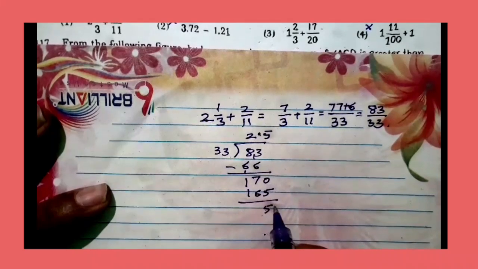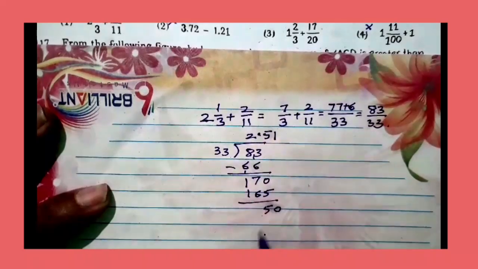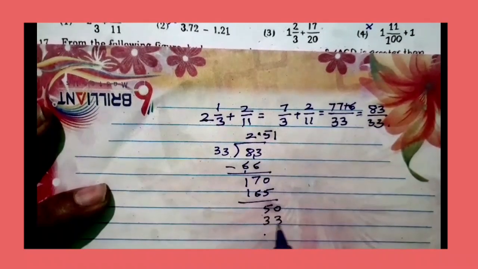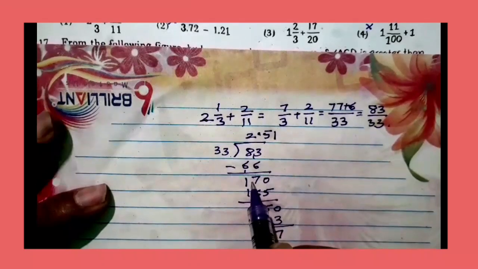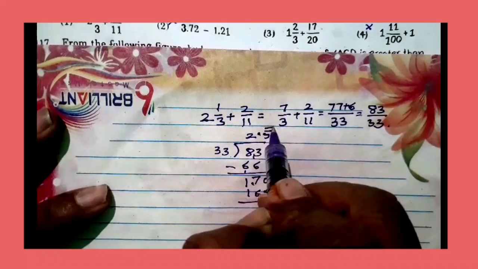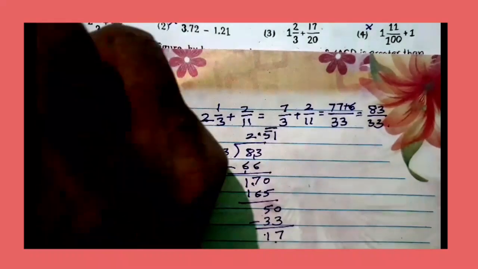Here 5, also take 0. 31. 33. This is 17. This is also 17. That is, this is 2.51 bar. So the first is our answer.